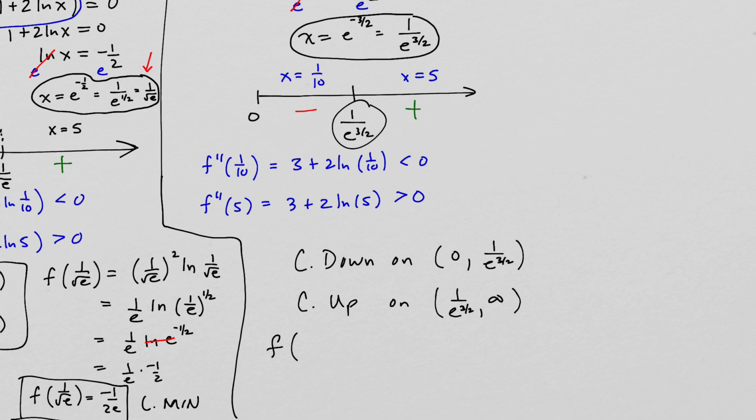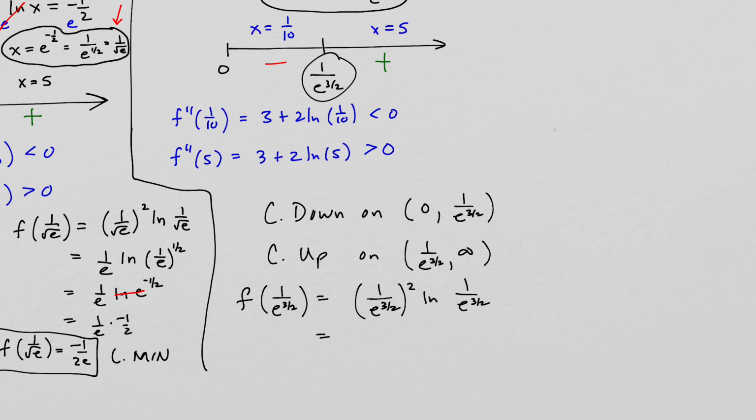So f of 1 over e to the 3/2, which is going to be 1 over e to the 3/2 squared times the natural log of 1 over e to the 3/2. And this is going to be 1 over, when you square this, you're going to multiply those powers, so that's going to become e cubed. And then the natural log here, you can rewrite this as the natural log of e to the negative 3/2.